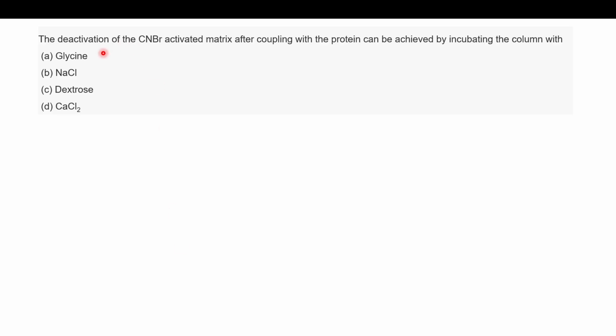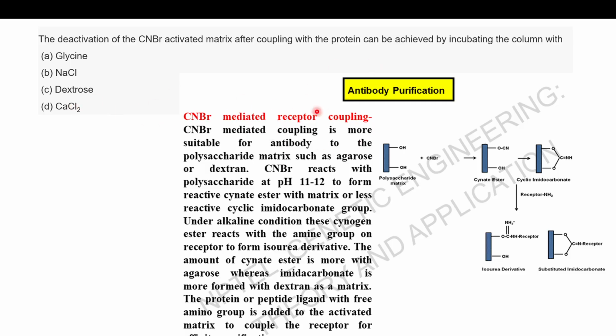Now, the deactivation of the CNBr activated matrix after coupling with the protein can be achieved by incubating the column with which type of substance? This is mostly used during antibody purification.